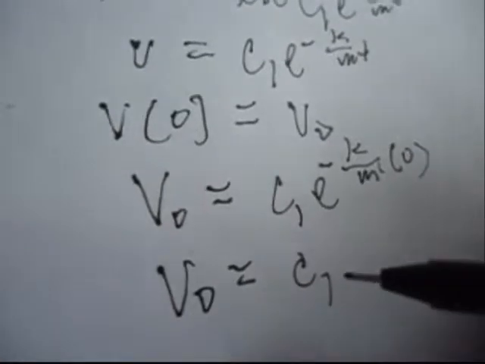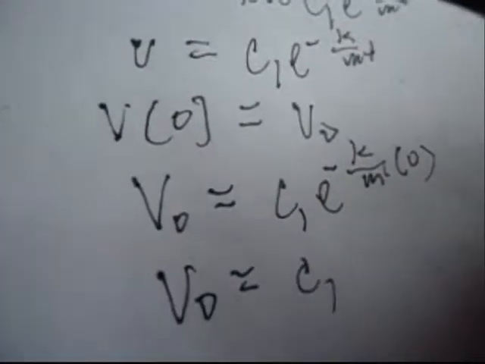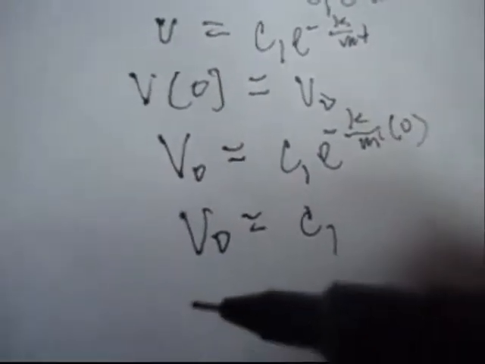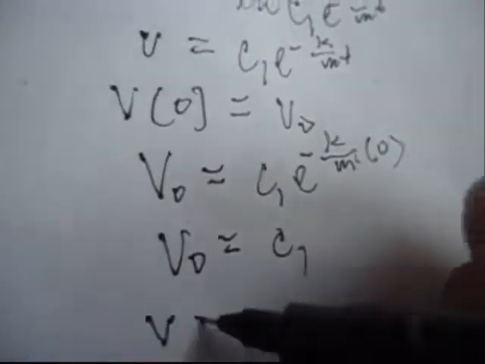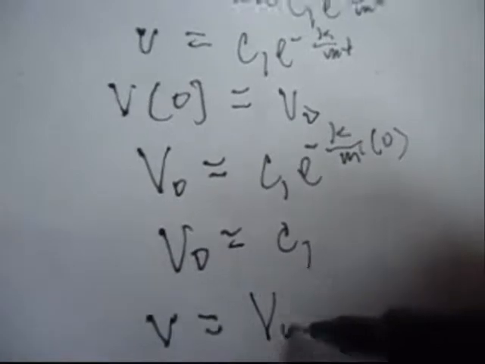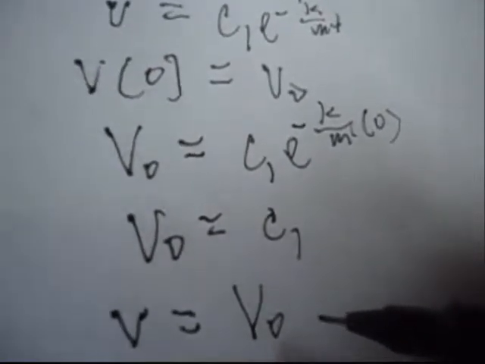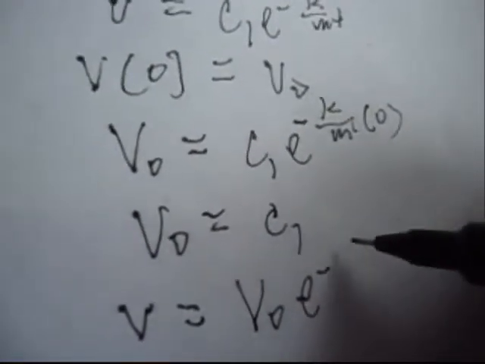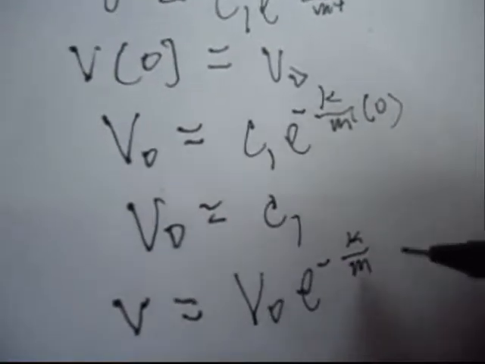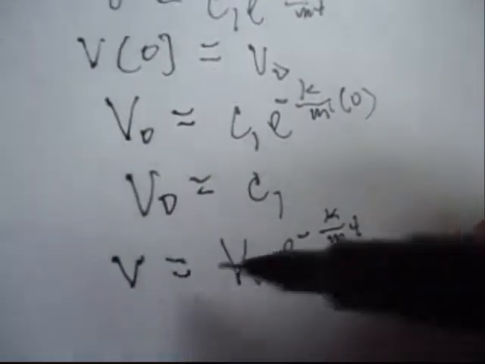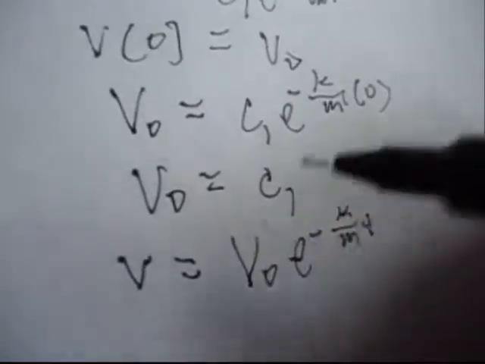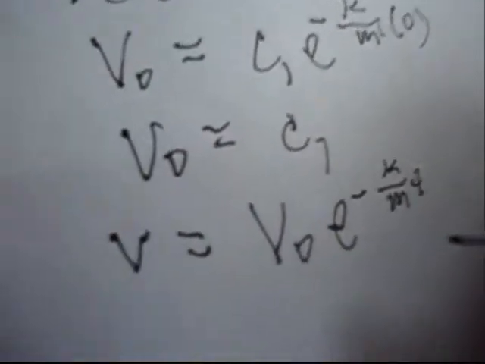Since we now have the value of our c1, which is v sub o, we substitute it back to the expression of v. So we have v is equal to v sub o times e to the negative k over m times t. And this is now our final expression for v.